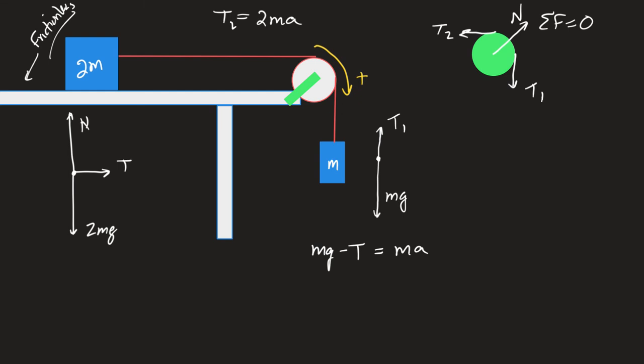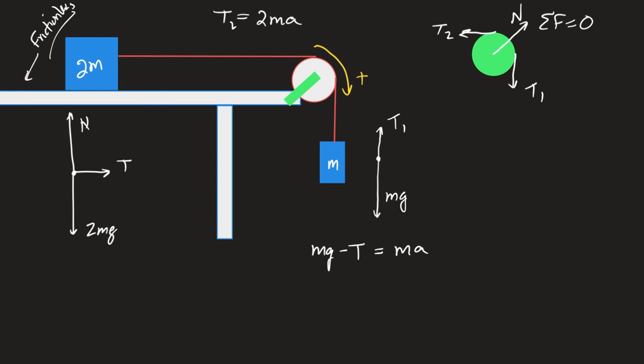The issue, though, is even though the tensions are different, the blocks are still connected by a string. They will still have the same acceleration. So even though there's different tensions now, the acceleration of the two blocks is still going to be the same for each block. So I have to show you how to deal with this. And so far, this part I'm expecting you know.